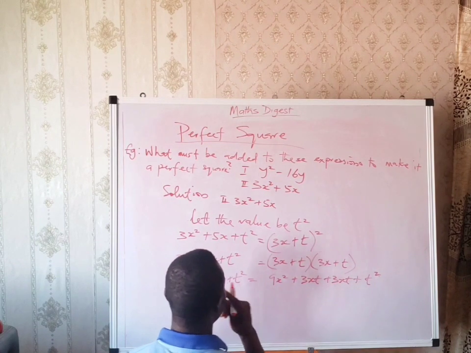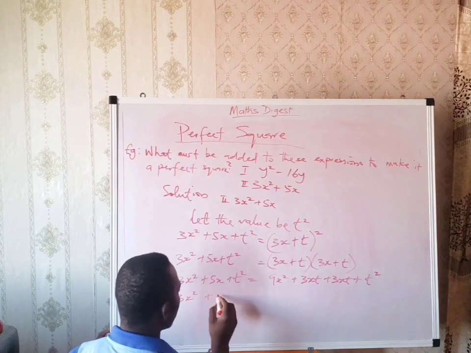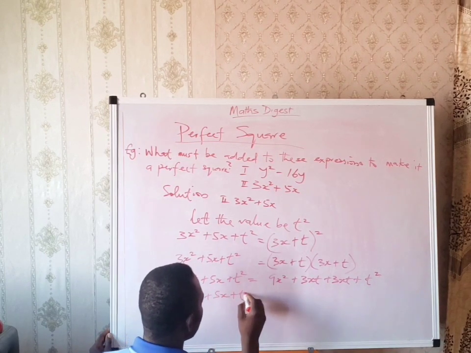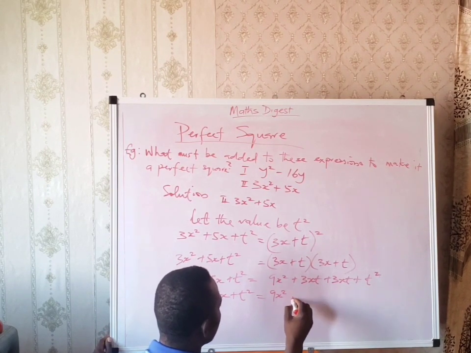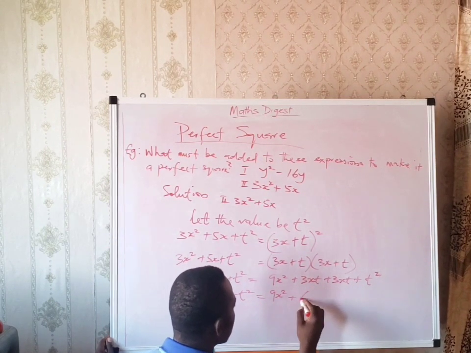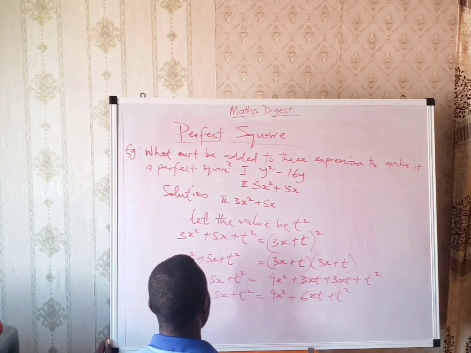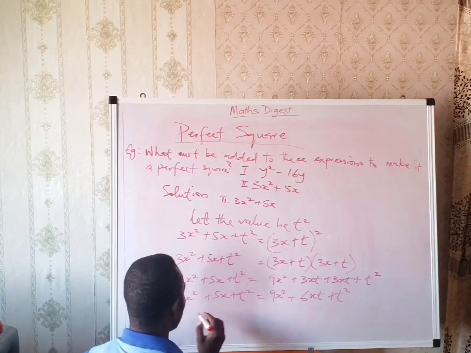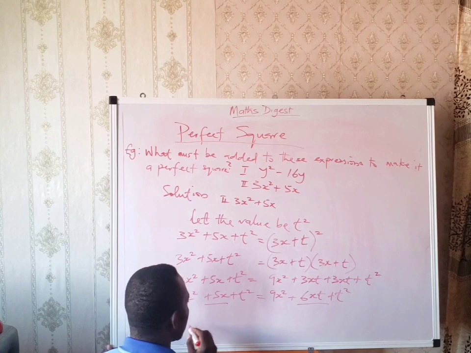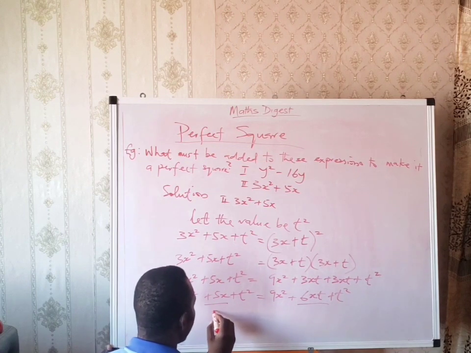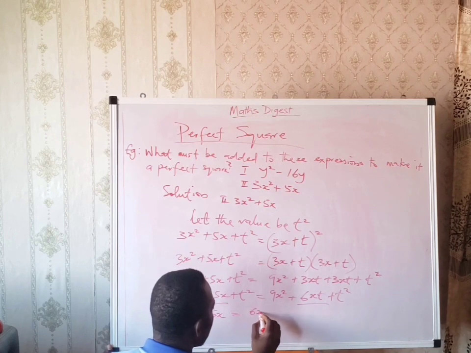So with this we have 3x squared plus 5x plus t squared equal to 9x squared plus this is 6xt plus t squared. Now with this we say if we equate the two middle terms, we have 5x equal to 6xt.